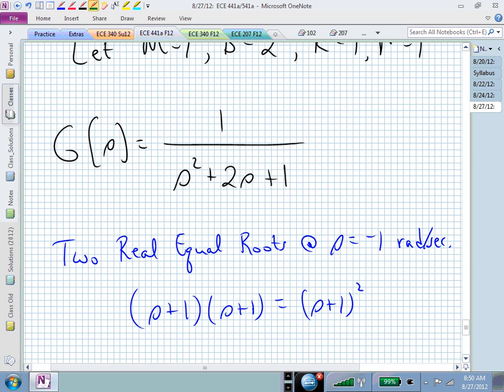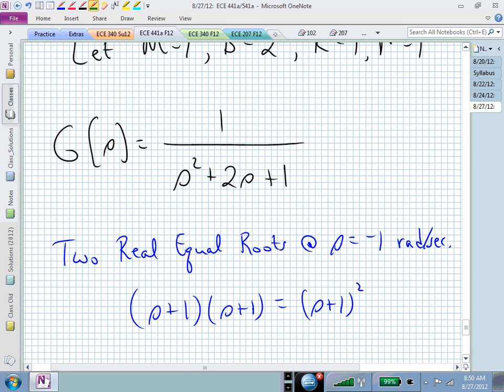So now I shake this system. If I hit it with a DC value, what would I see? If I hit it with a 2, we said the DC gain was 1, I'm going to see a 2 out, aren't I?